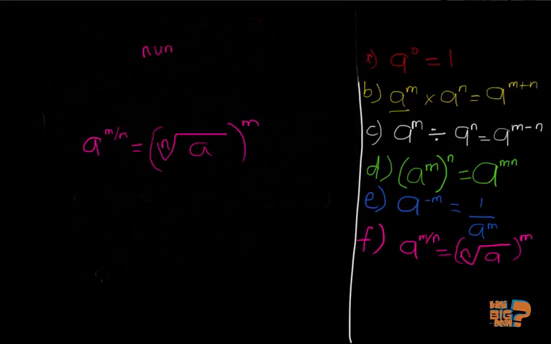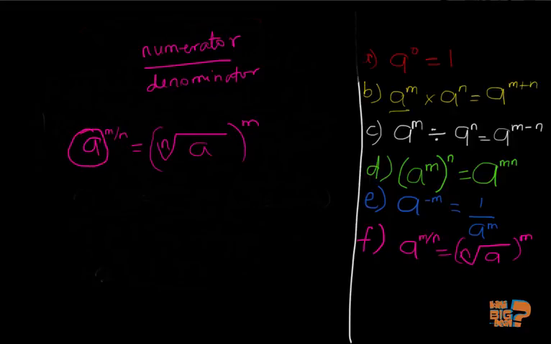You have numerator over denominator. So the idea is that if you have a raised to power m over n, it means you do n root of the base, which is the a here, everything raised to m.